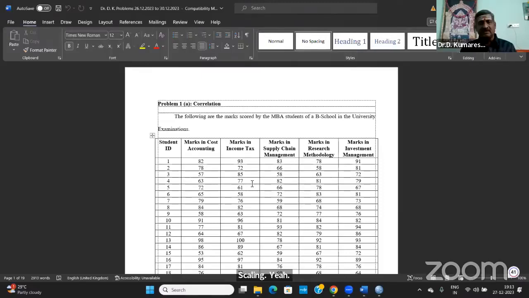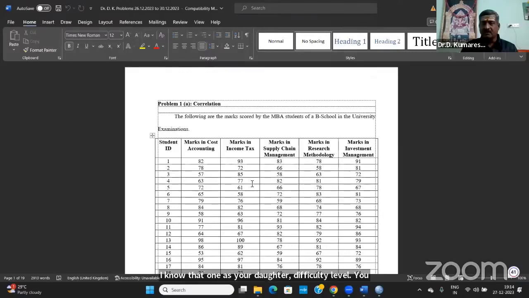Okay. Sometimes you look at the question paper and find the level of difficulty. Preparation is one thing that determines the marks. Another one, as I told you, is difficulty level.